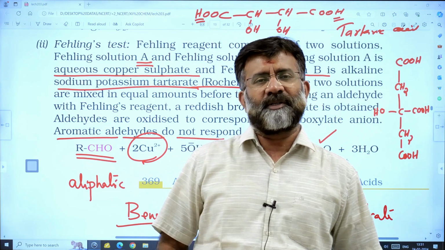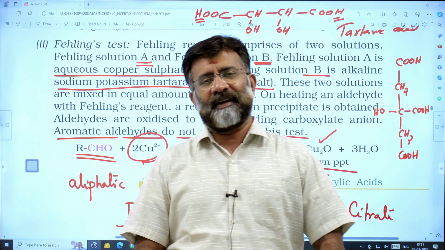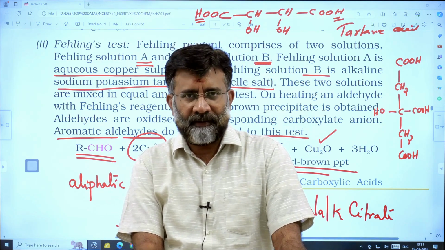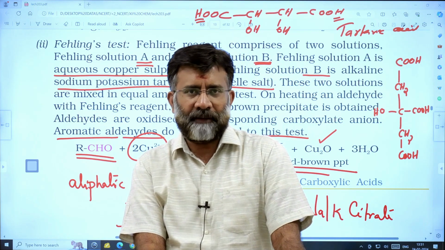The sodium potassium salt of citric acid with copper sulfate is taken as Benedict solution, and the purpose served is the same.